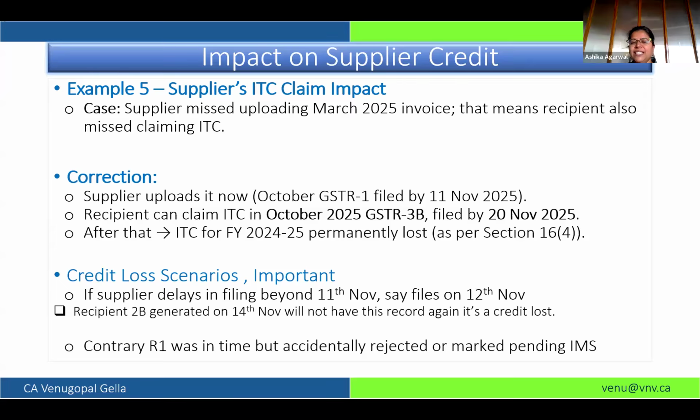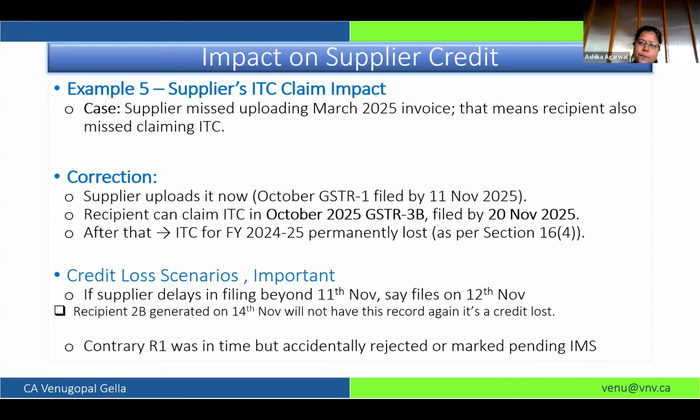As we are in the business line, what we have noticed is that where the recipient does not get the ITC, they don't pay the tax to the supplier. But it needs to be understood that under GST, it does not matter whether you have realized the money from your recipient. Whether you realized it or not, based on time of supply, if you have made the supply of either goods or services, you are liable to pay GST irrespective of whether you have realized the money.